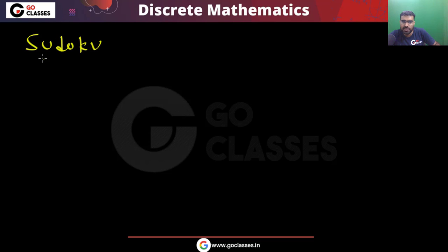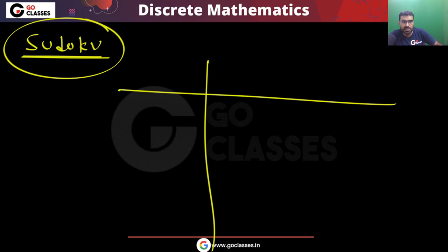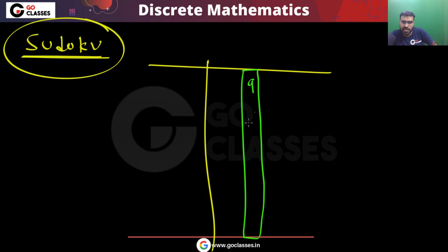In this game, the very simple point is that in any row, you cannot repeat the element. For example, if you write 9 here, now you cannot write 9 here.